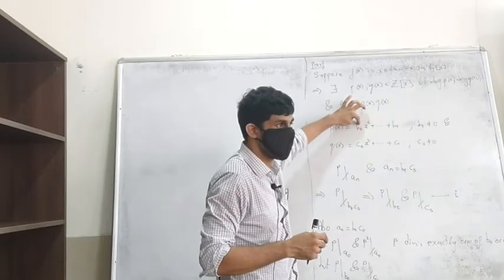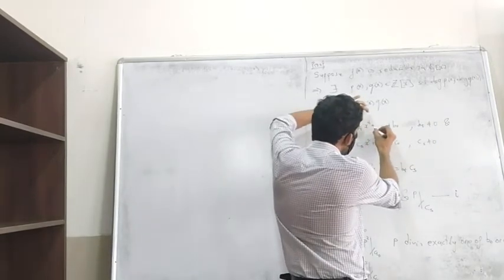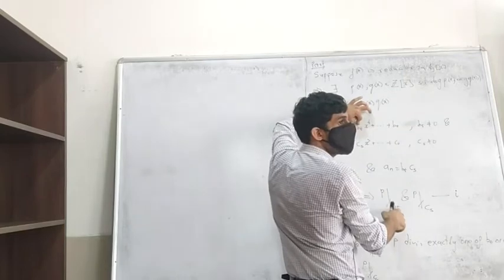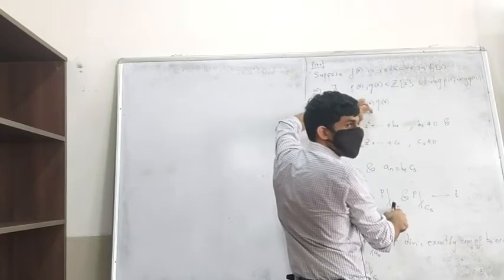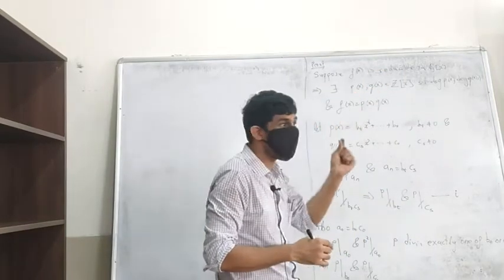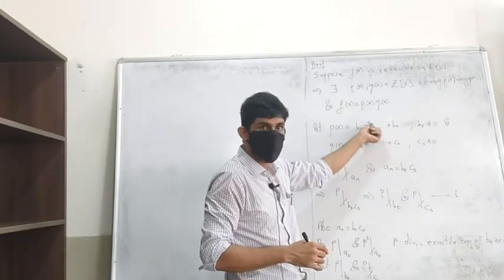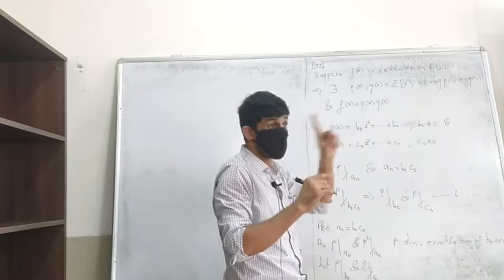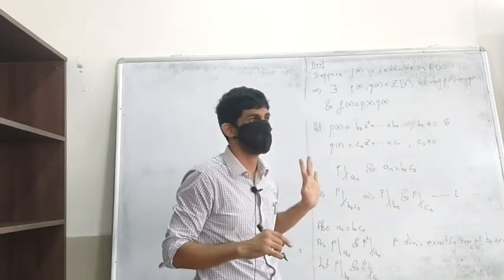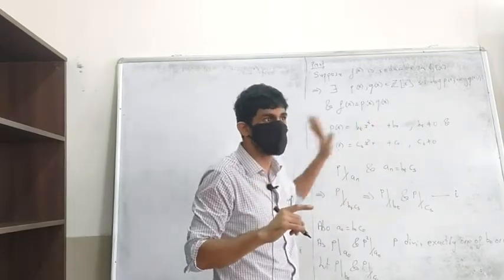The last one it doesn't divide. We are going to take the smallest integer for which p doesn't divide Br. Take the smallest one, the first. So p might divide B naught, it might divide B1, but at some stage it's not going to divide. The first one which it doesn't divide is what you need to take.